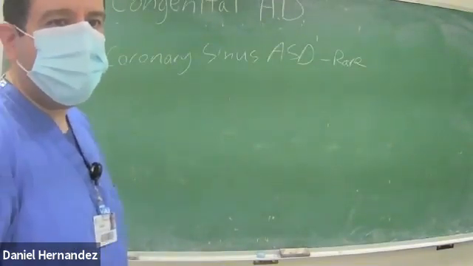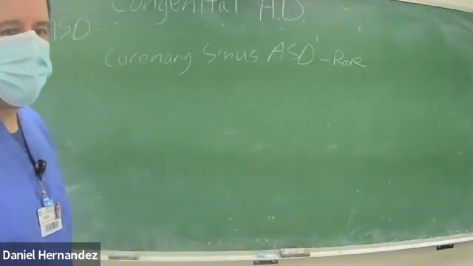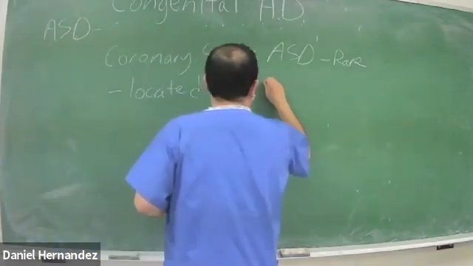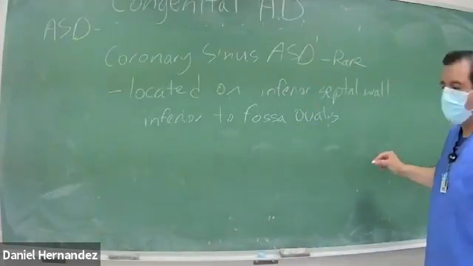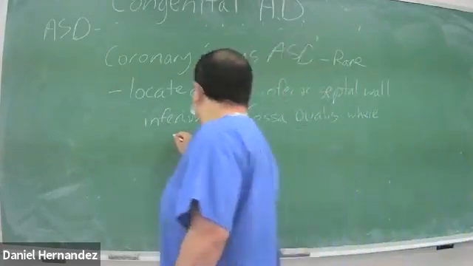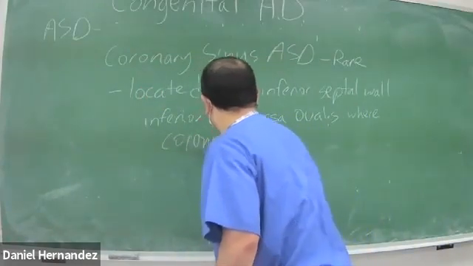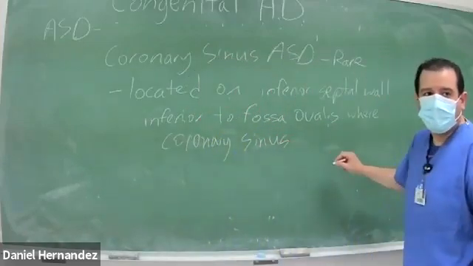And these are located inferior to the fossa ovalis, on the inferior septal portion, where the coronary sinus enters the right atria.